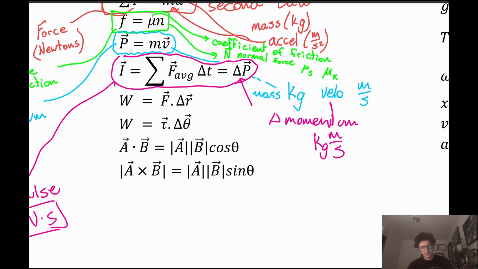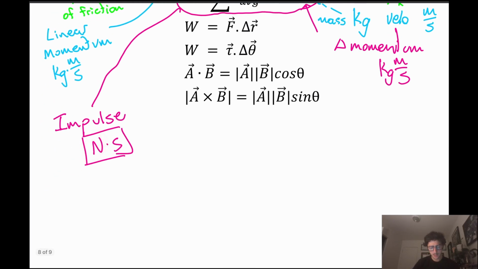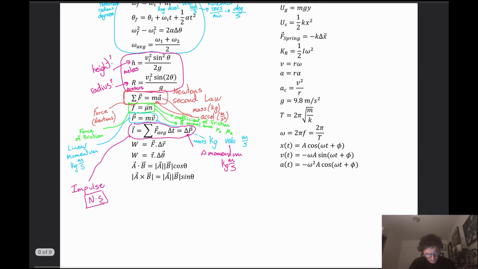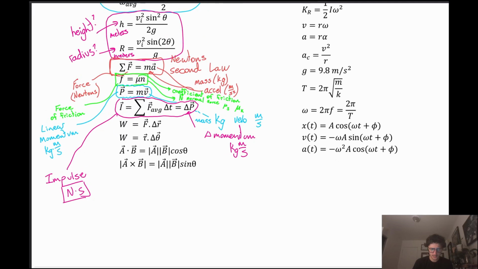Interesting. So if they tell you that impulse is equal to force times time, and force has units of newtons and time has units of seconds, but then they also tell you this I is equal to the change in momentum, then it looks like these units and these units should match. Is that true?